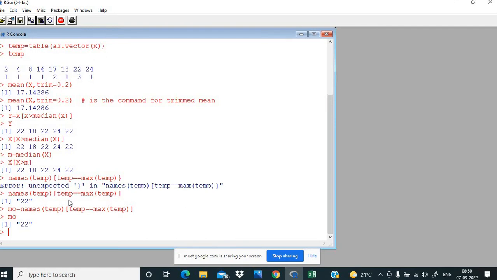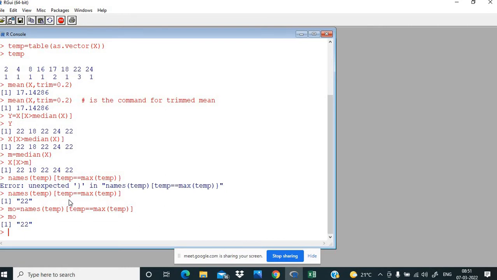For geometric mean, also there is no command directly for calculating it. Now what is geometric mean? Geometric mean is actually the average of the logarithmic value of x, and then it is antilog of that, isn't it? Geometric mean of two numbers is x1 into x2 under root.